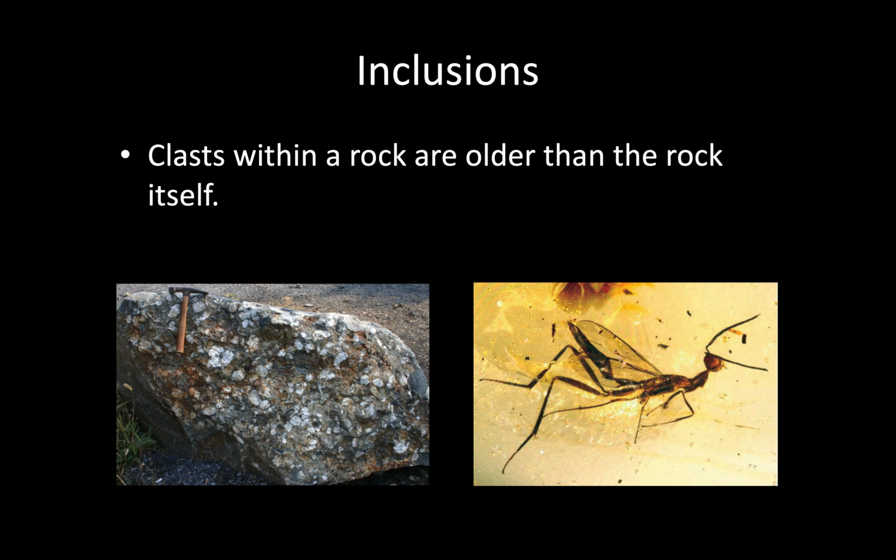So the principle of inclusions states that the clasts or pieces within a rock are older than the rock itself. So on the left, we have a rock called a conglomerate, and you see giant hunks inside that big rock. Those hunks are older than the rock itself. On the right, we have a piece of amber. The insect is inside the amber. The insect is the clast. It is older than the amber itself.